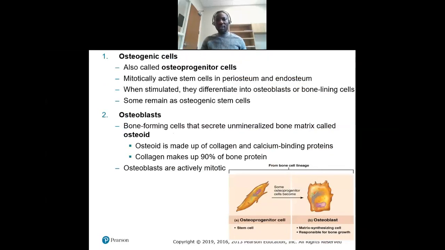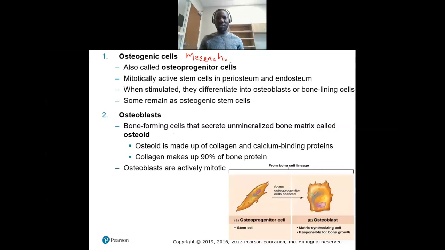If you look at the osteogenic cells or osteoprogenitor cells, they originate from cells that we call the mesenchymal cells. Those are the cells that originate from the mesoderm. We call them mesenchymal cells of the mesoderm.